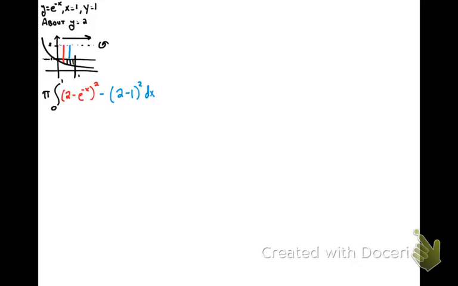And again, this is a case where I would choose to use my calculator and integrate this. And so I'm going to set y1, once I simplify a little bit, equal to the quantity 2 minus e to the negative x squared minus 1.